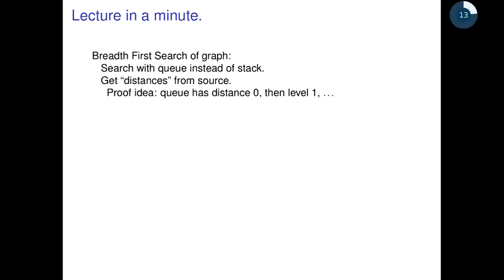Okay, so the key in breadth first search is we use a queue, not a stack. It's very intuitive because what we put in first in the queue is the source, which has distance 0, and then we keep processing nodes in order of their distances from the source. The queue keeps all the nodes at distance 0, which is just the source, and then all its neighbors are distance 1, and so on.